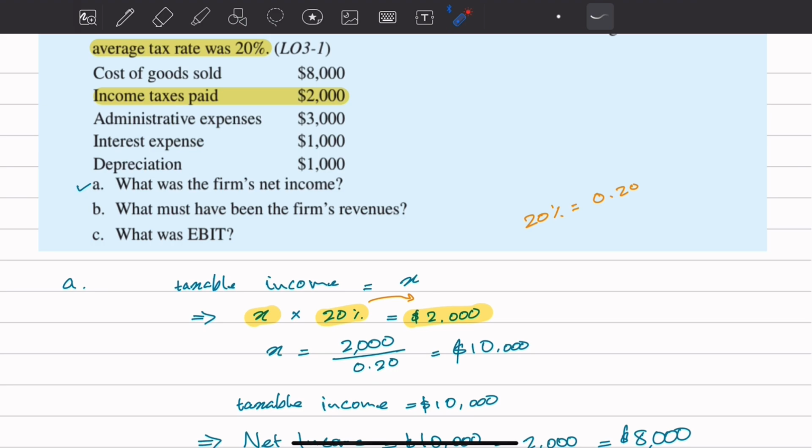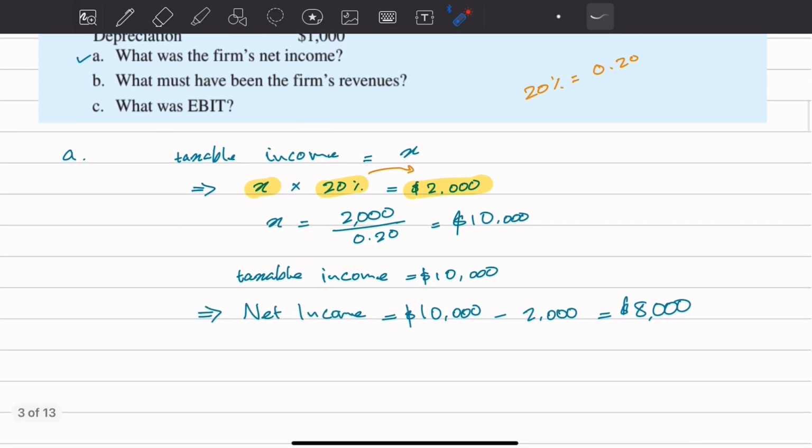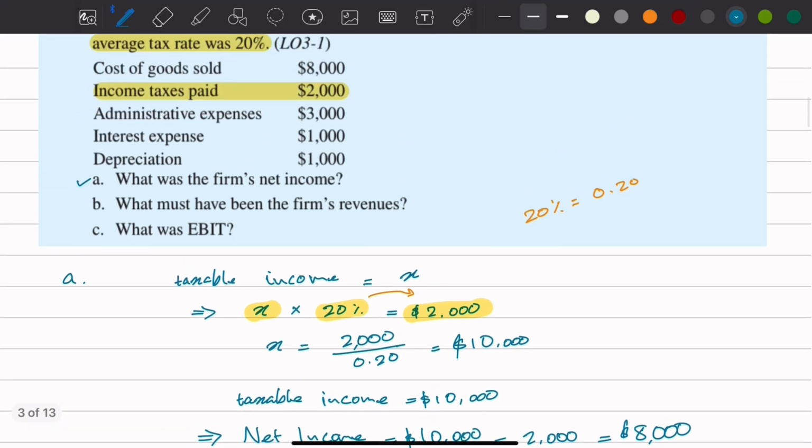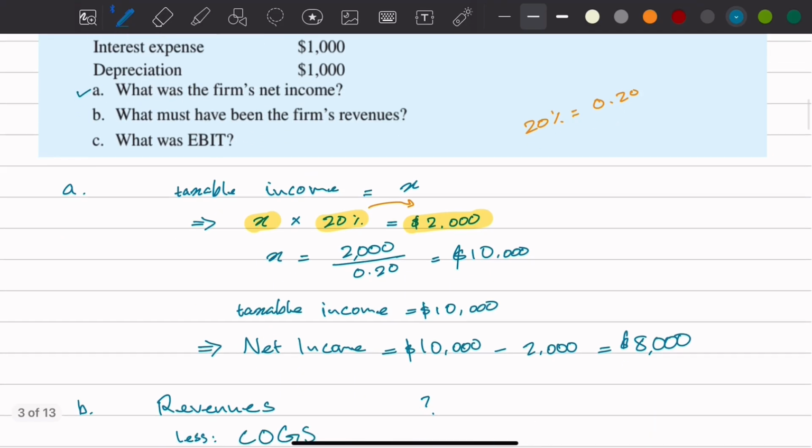But let's represent it in an income statement format, and we'll say B, revenues, which is unknown, right, less cost of goods sold, which was $8,000.